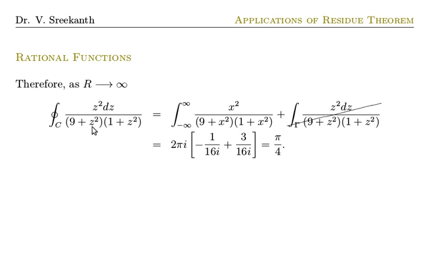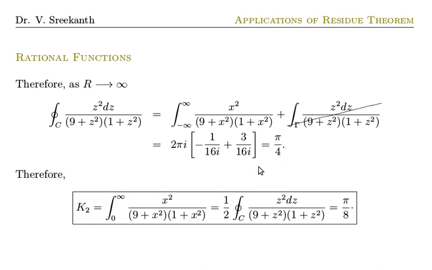And for this integral, you can apply Cauchy's theorem, and it is nothing but 2 pi i times the sum of the residues at all the poles lying in the upper half plane, which you can directly write down, it's pi by 4. Fine.